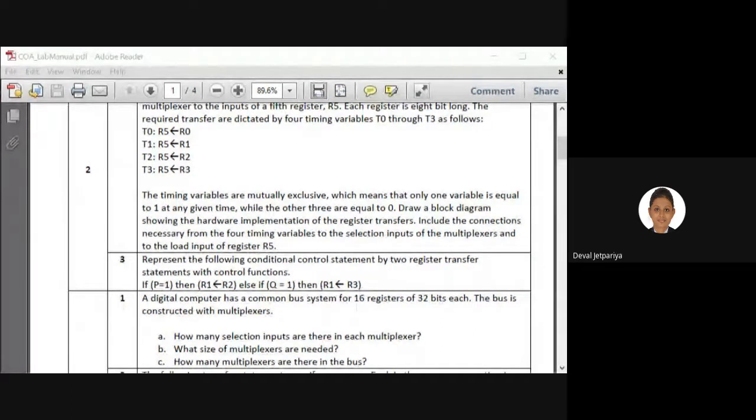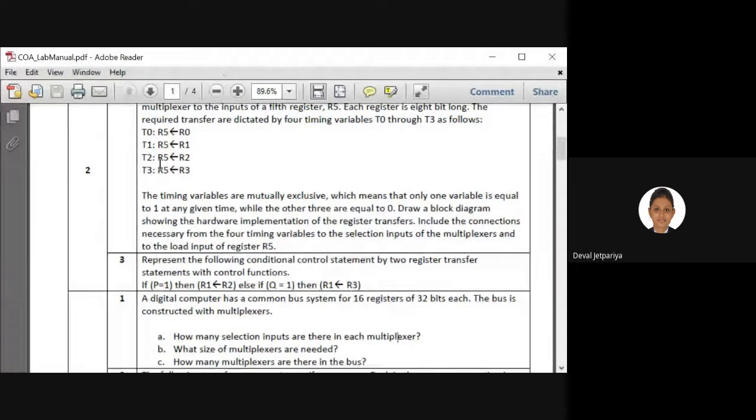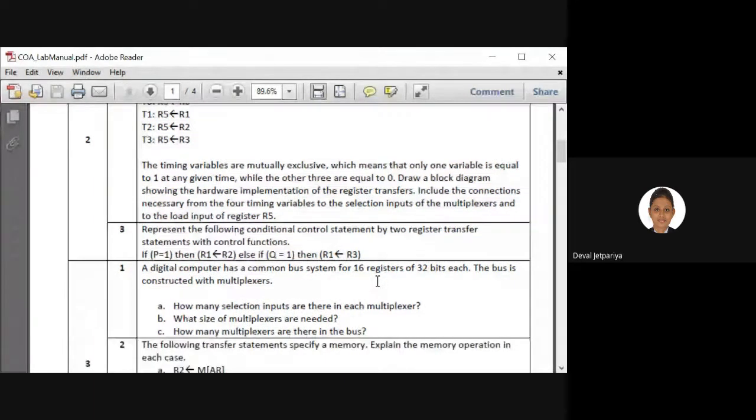Do you get this? Because 16 input registers we need to connect with our multiplexer. Please do reply, yes or no. Yes, ma'am. Okay.